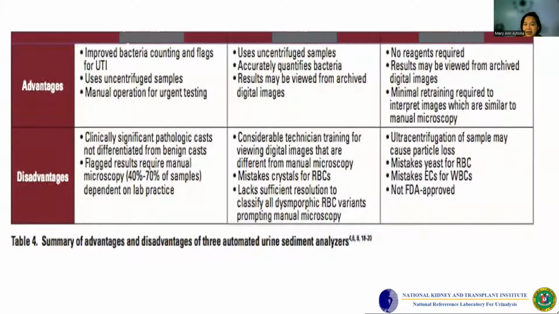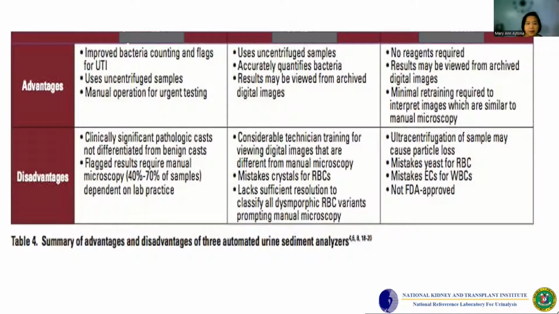The second analyzer also uses uncentrifuged samples. It accurately quantifies the bacteria. Results may be viewed from archived digital images. On your third analyzer, no reagents are required. Results may be viewed from archived digital images, and minimal retraining is required to interpret the images, which are similar to manual microscopy.